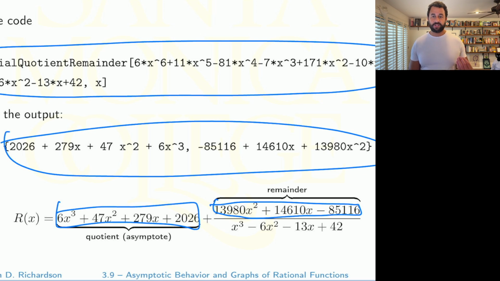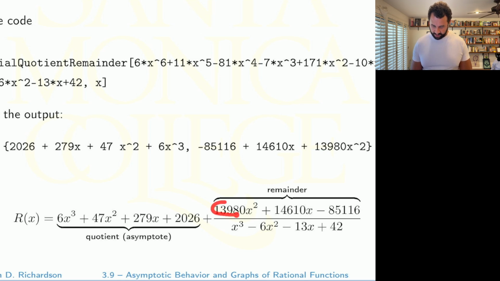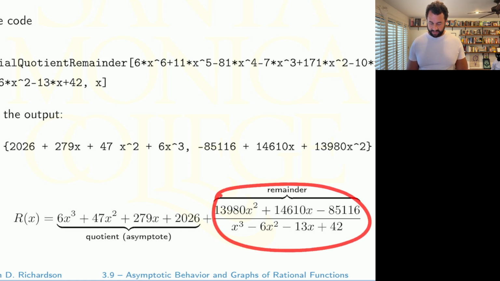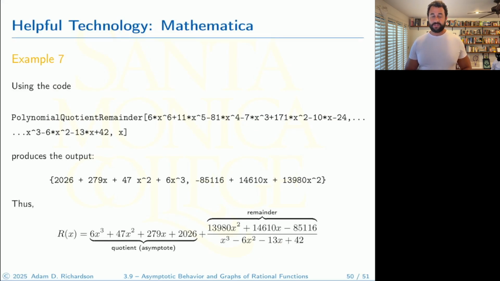To get the fractional part, we just do the remainder divided by the divisor. Notice the degree of the numerator is less than the degree of the denominator, so this is a proper fraction. If you were to take the end behavior of this, it would be 0. That's why we like Mathematica, we like technology.